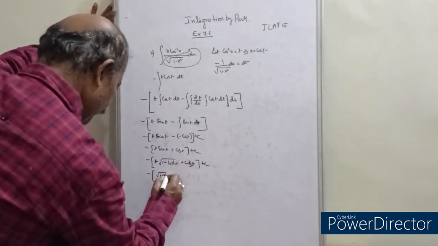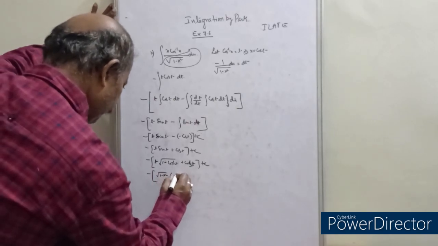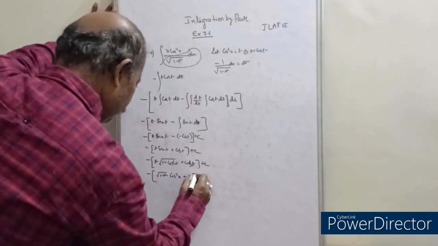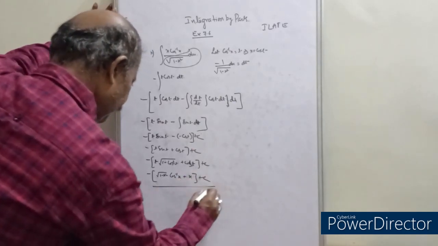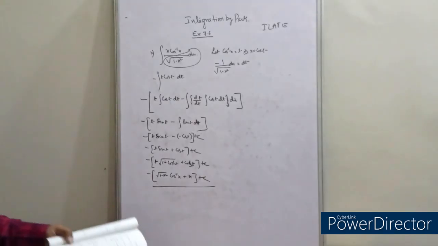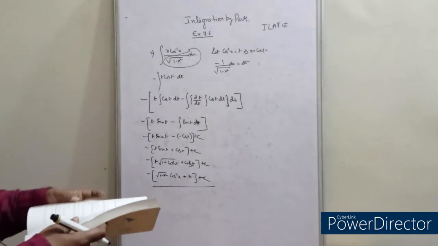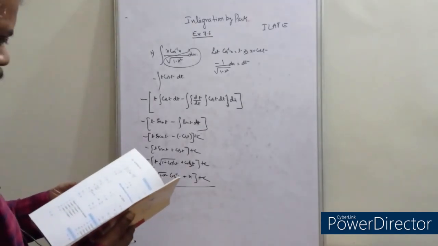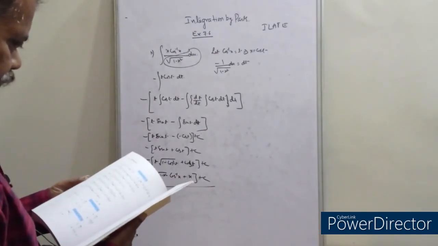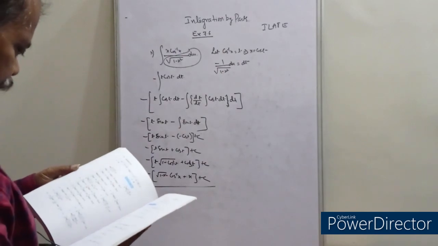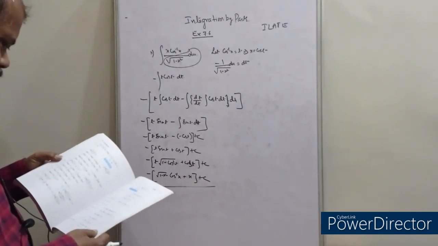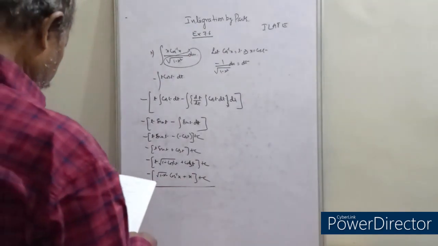So the answer is minus x cos inverse x plus root of 1 minus x square, plus c. So this is your answer. Let me check the answer of question number 11, 7.6, question number 11. The answer is correct.